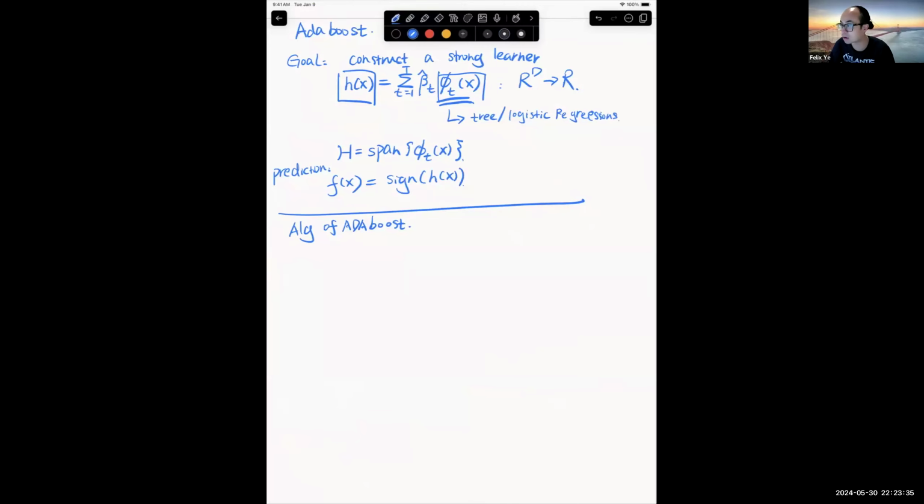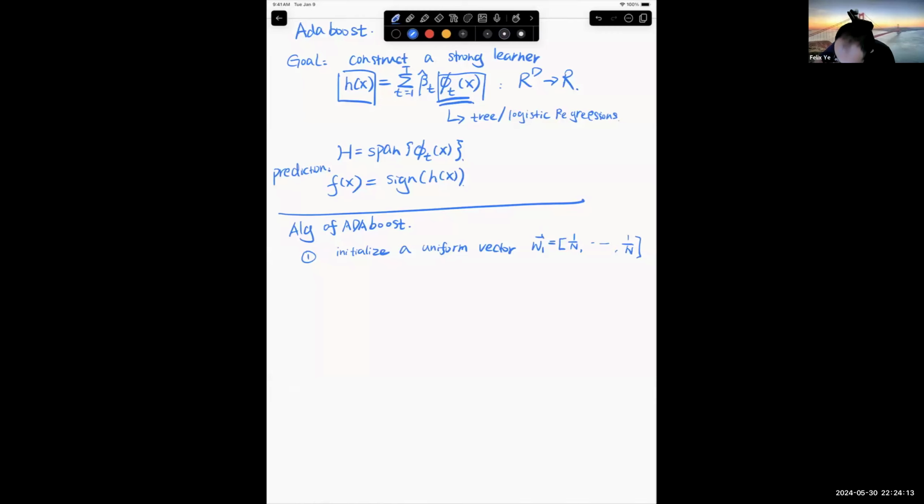So the first thing is that you are going to initialize a uniform vector, like W1 is equal to 1 over n. This is a weight for each point.